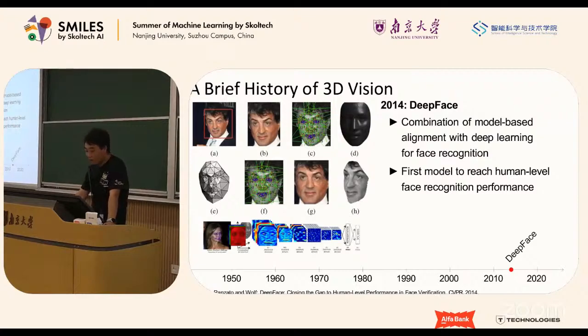When I was an undergraduate, I was shocked by a quite famous word called deepfakes. That was when AI synthesis technology became widely known by many people. The deepfakes technology combines model-based face alignment with deep neural networks.